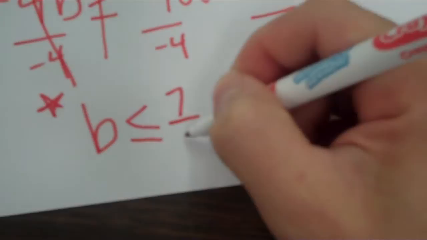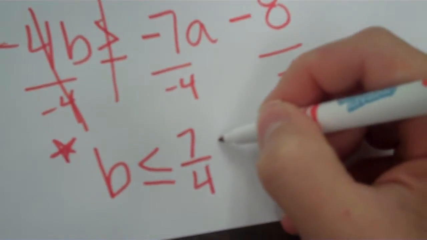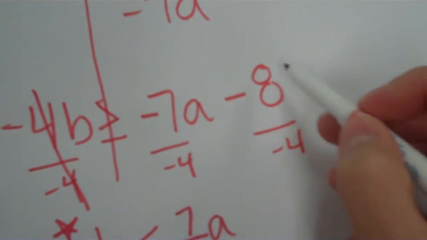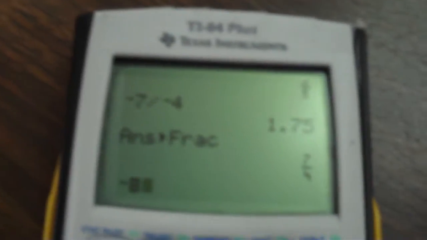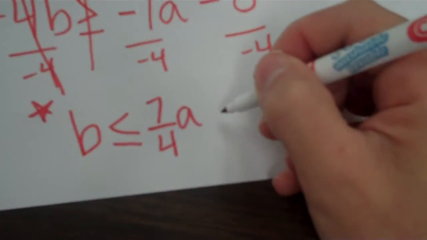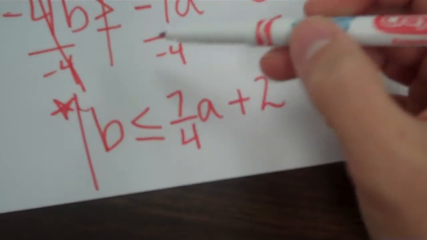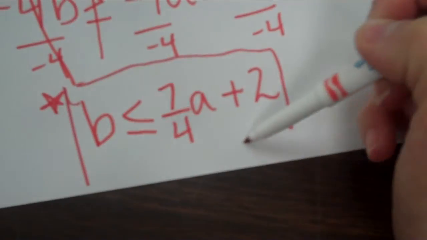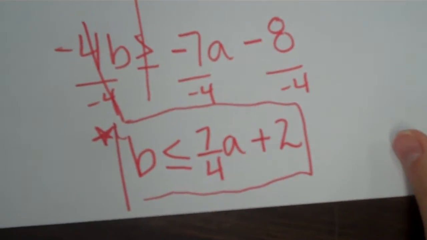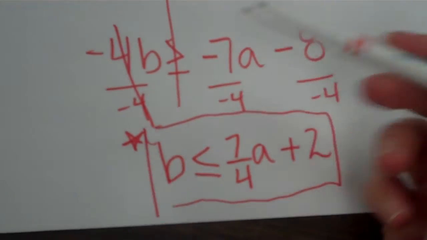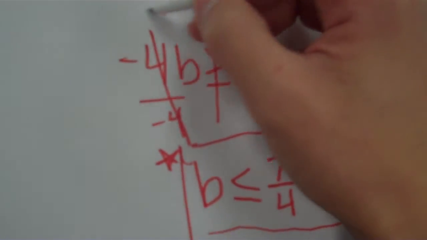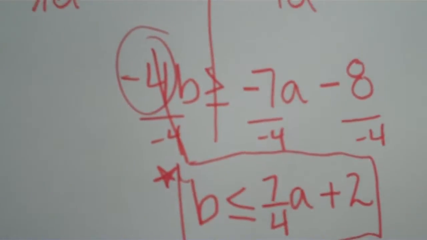So 7/4. So 7 over 4a, and then do negative 8 divided by negative 4 is a positive 2. So I'm going to put plus 2. Okay? There you go. All right, so the only difference with inequalities is you flip them when the best friend's negative. If this were a positive 4, it would have stayed the same.